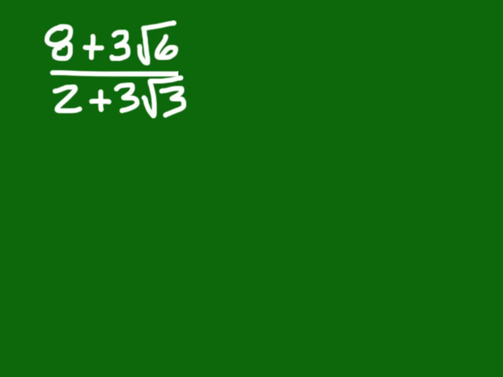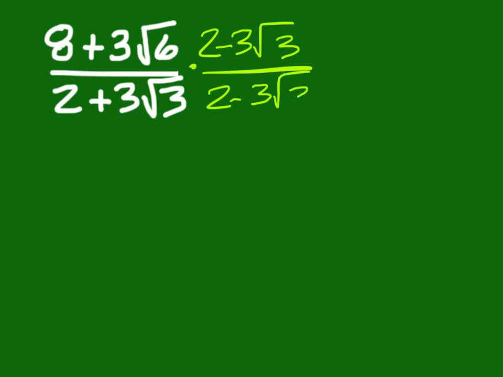Example 2. In this case, you have square root of 6 and square root of 3. They can't be simplified. So all you can do to start with is multiply the top and the bottom by 2 minus 3 square root of 3. Start on the top for your multiplication, and you'll have 8 times 2 to start with. 8 times 2 is 16.